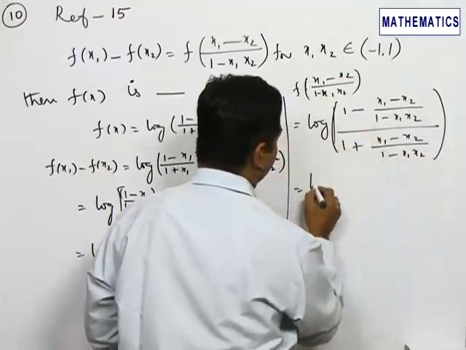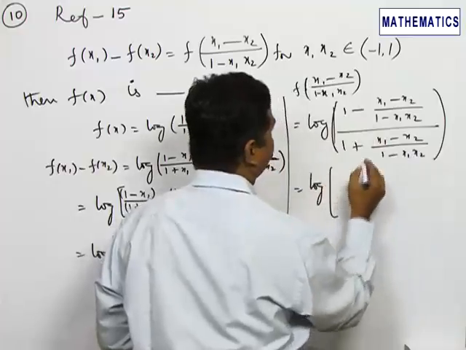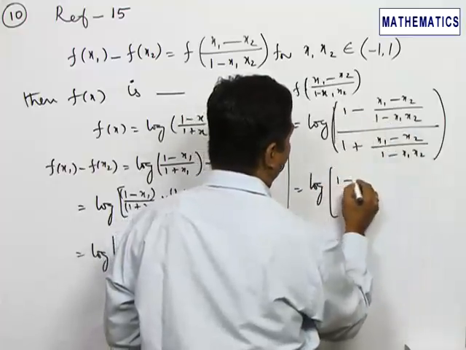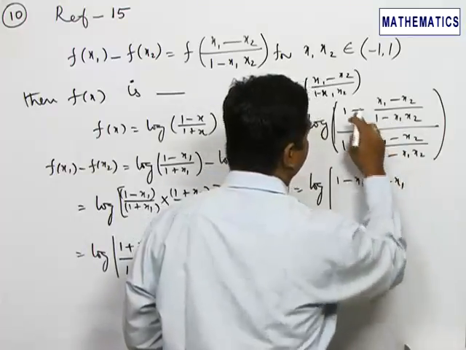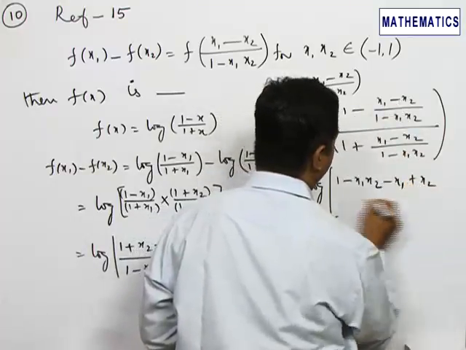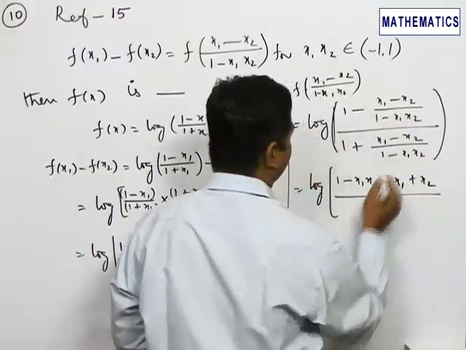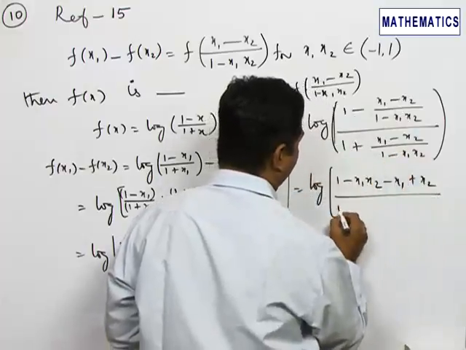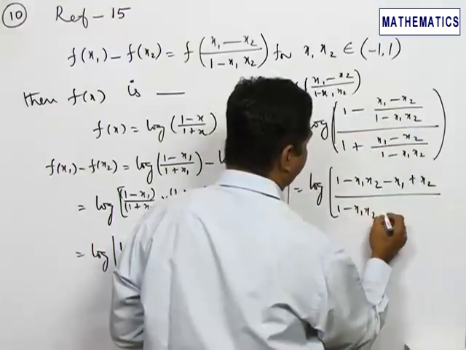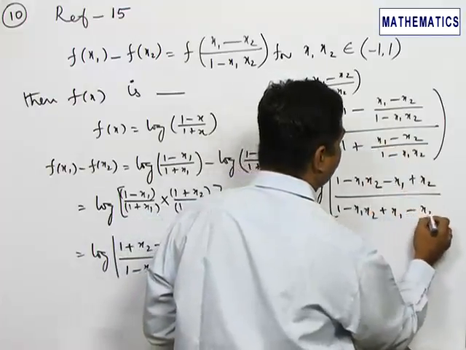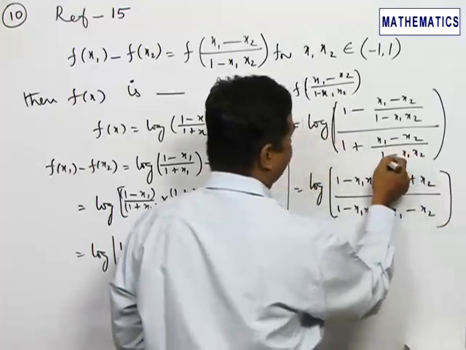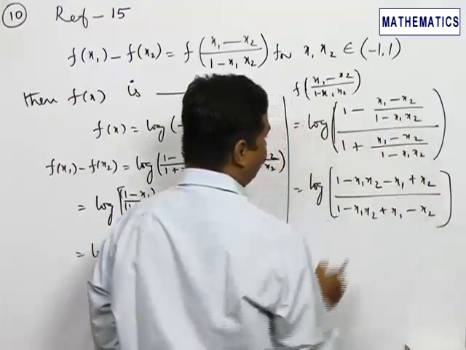On simplifying this, multiplying by 1 minus x1 x2, we will get 1 minus x1 plus x2 in the numerator, whole divided by the denominator. In the denominator, 1 minus x1 x2 plus x1 minus x2. The common denominator quantity 1 minus x1 x2, being in both, will be cancelled.